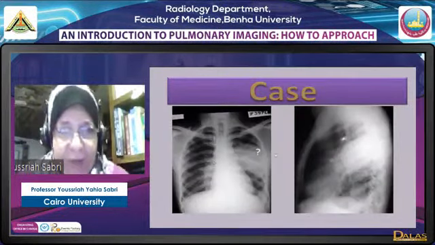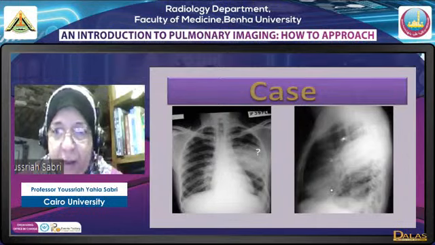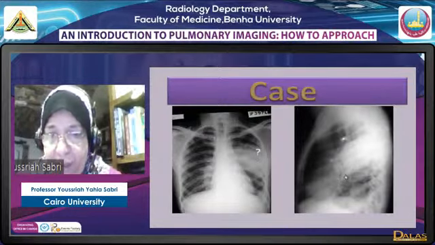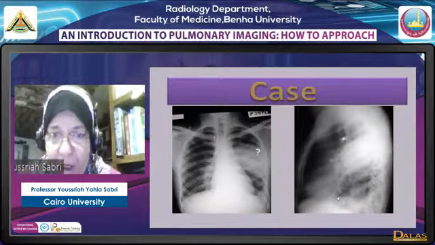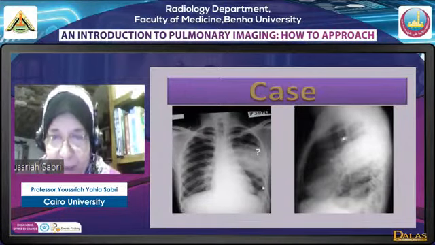Now coming here, we have a vague lesion in the PA film, a vague opacity in the middle zone of the left side, while the same lesion in the lateral film is well defined, more or less oblong in shape, and related to the major fissure, the left major fissure. So it was vague here and well defined there, has a pleural relation, and there is an associated pleural lesion.